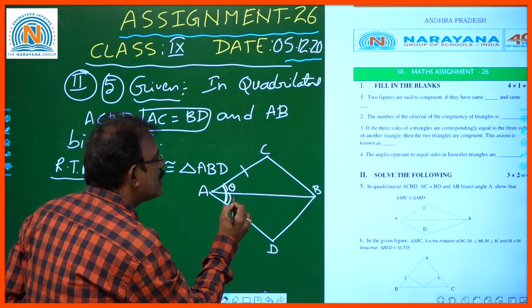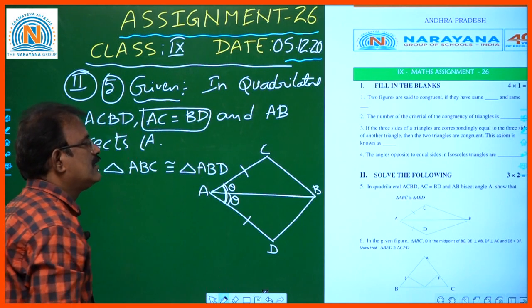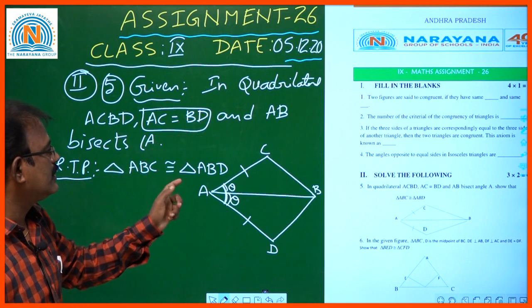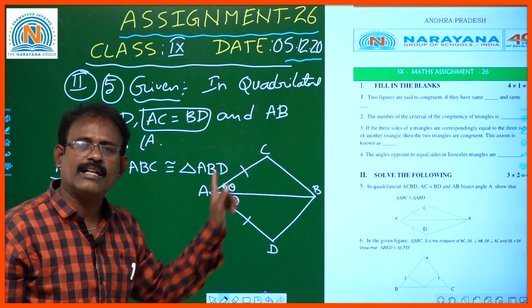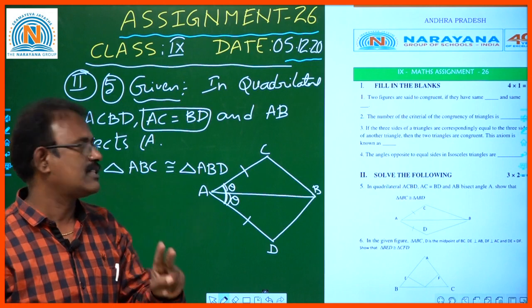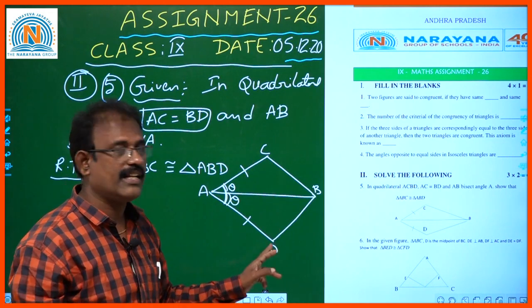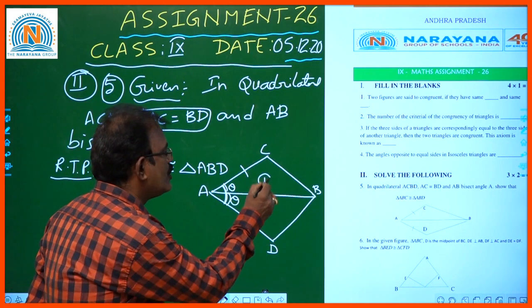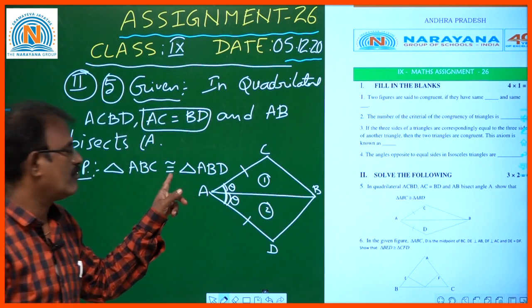If this is theta, this is also theta. Because of AB, the entire quadrilateral is divided into 2 triangles, ABC and ABD. You need to prove these 2 triangles are congruent.